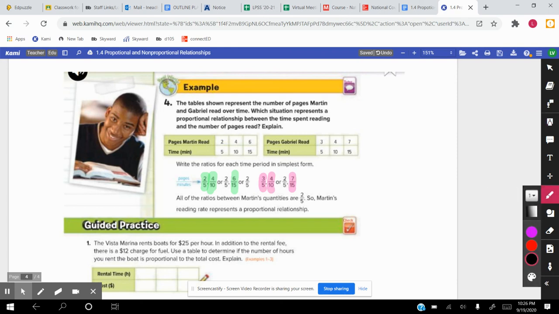Gabriel does not have a proportional relationship because all three of the ratios do not reduce down to the same number. So all the ratios between Martin's quantities are 2/5. So Martin's reading rate represents a proportional relationship. Okay, so now you're going to go ahead and try the problems yourself.